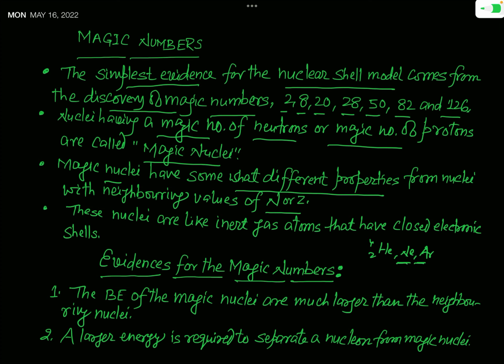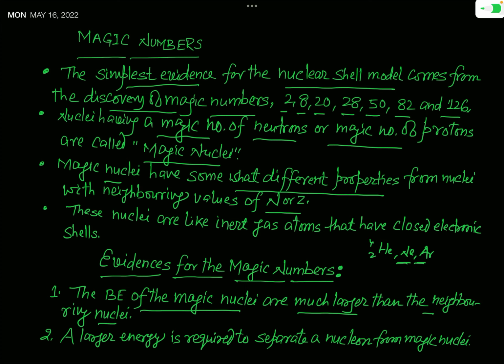You will see later on, or you can say that experimental observation says that the binding energy of the magic nuclei is much larger than the neighboring nuclei. Or you can also say that the binding energy per nucleon is also very large in comparison to the neighboring nuclei. Neighboring nuclei means a nucleus whose mass number is slightly less or slightly greater than the magic nucleus.